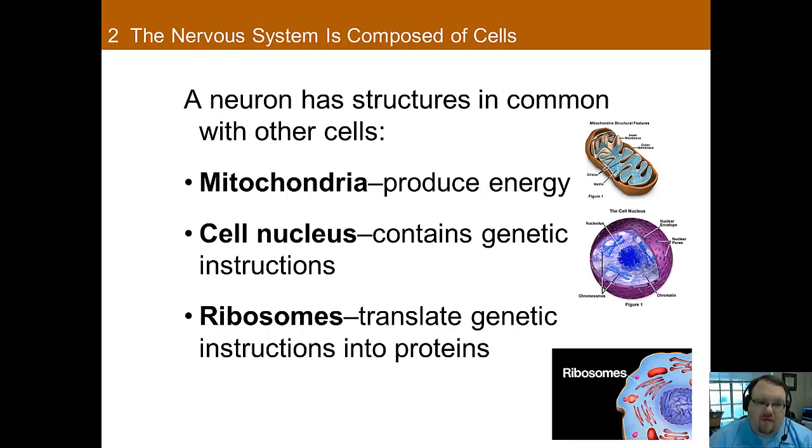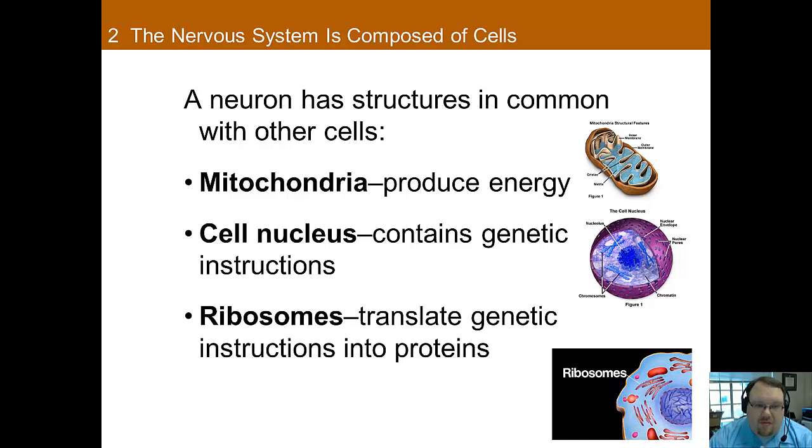So the neuron has several structures that are common with any other cell. They have mitochondria, so these are the power systems in the cell. They produce energy. There also is a cell nucleus, which contains the genetic code for the neuron. So much like any other cell, it has a nucleus.